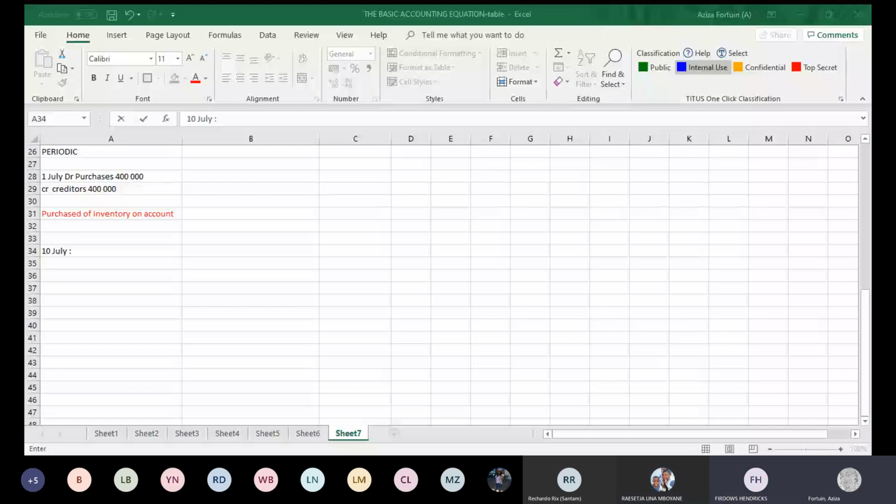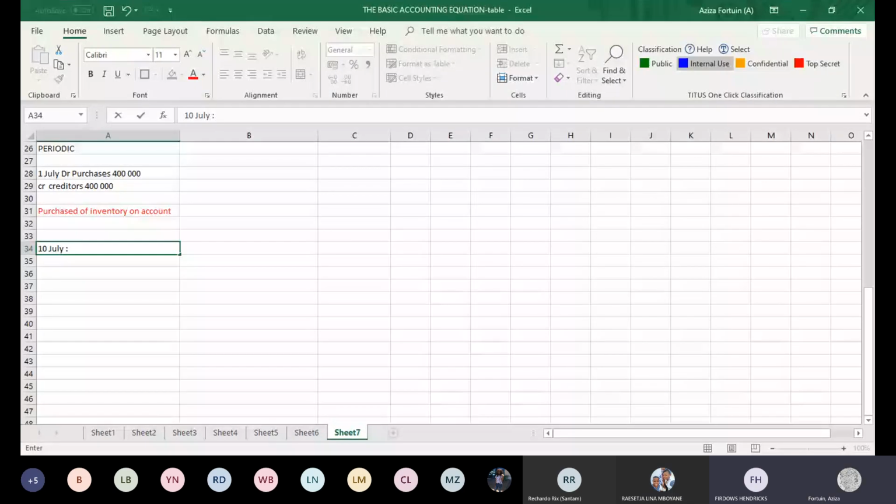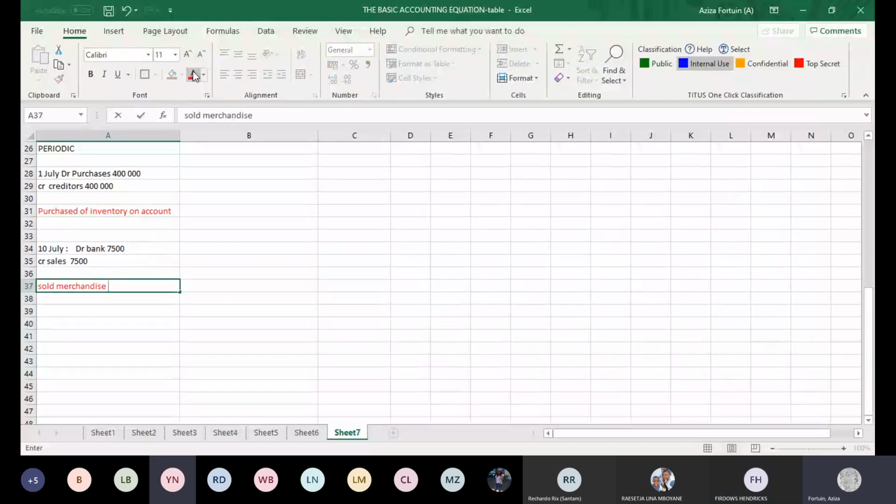So we will debit bank and credit sales. Wow. How much money? 7,500. And what is the journal entries? It will be sold merchandise. Are you reading out of the book? No. Sold merchandise or cash?